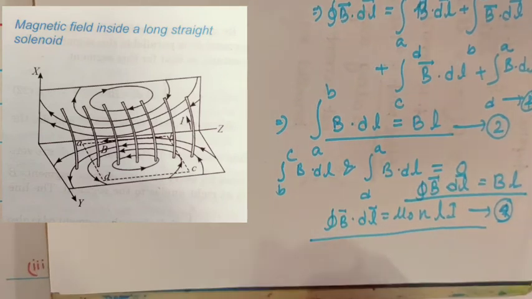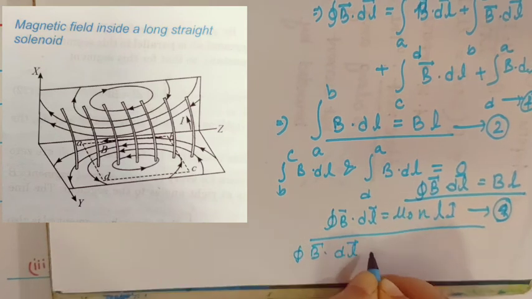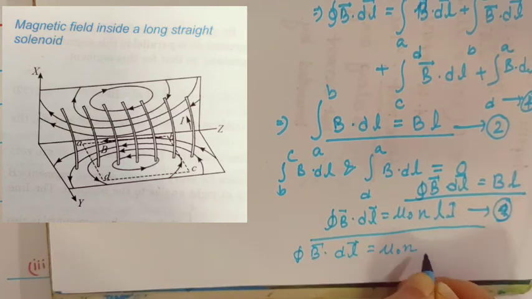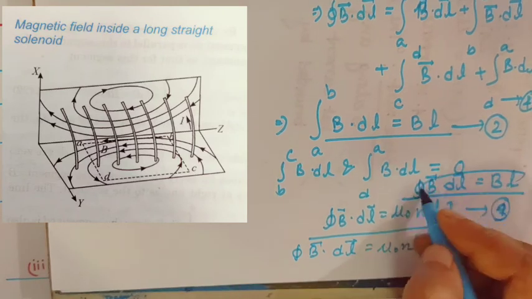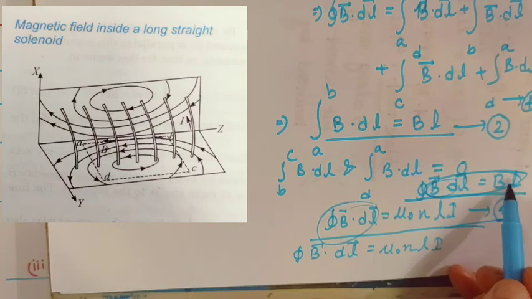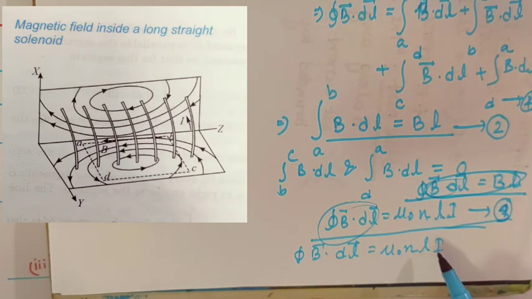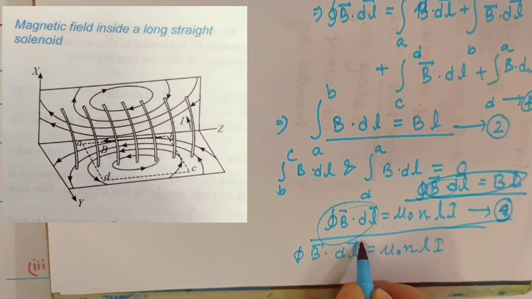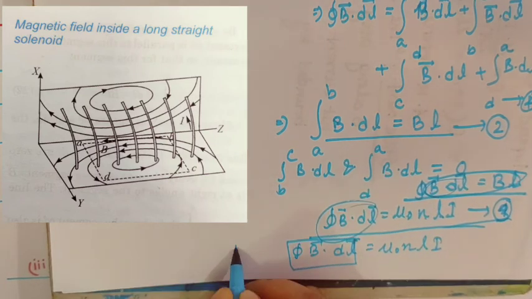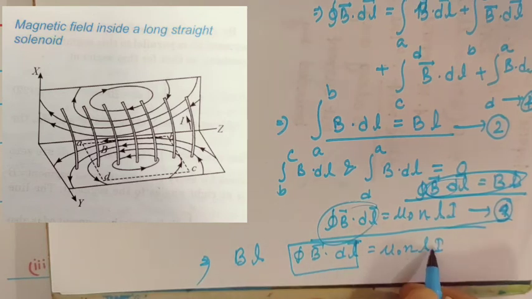So now from this equation and our equation 3, closed integration B dot dl is equal to mu naught nLI. Here the left part is the same, BL and mu naught nIL. So BL is equal to mu naught nIL.